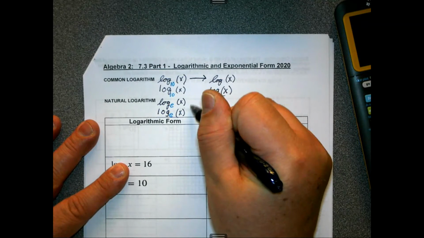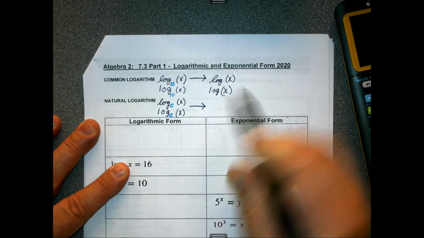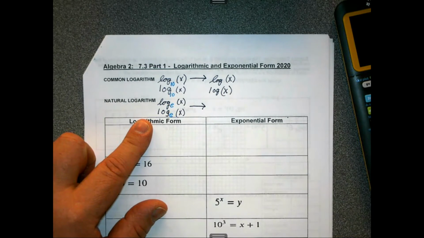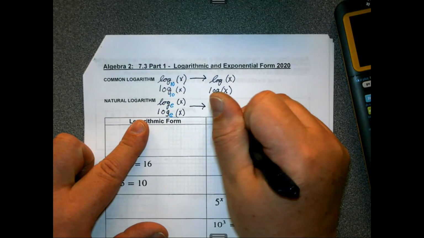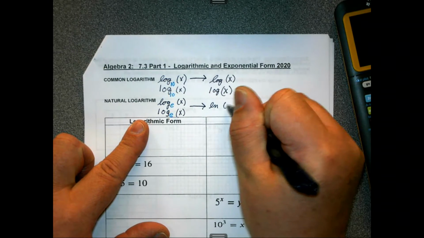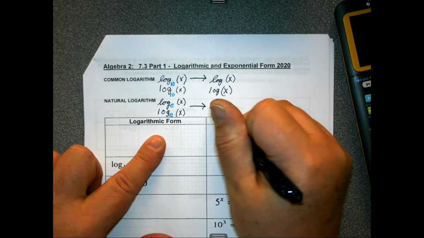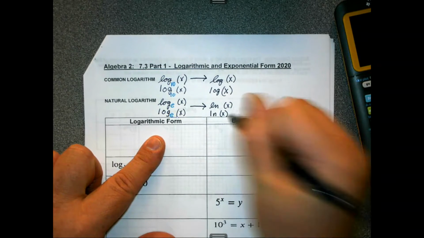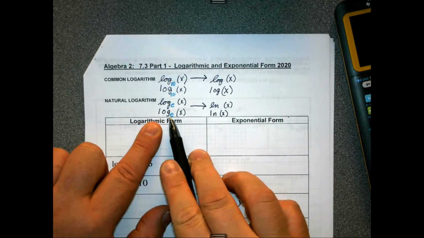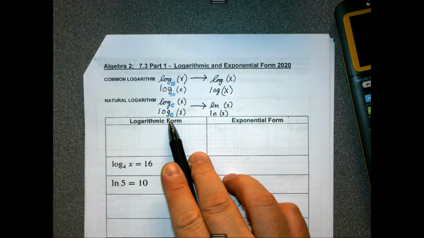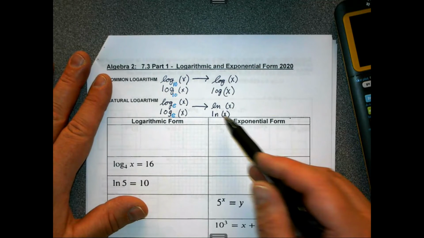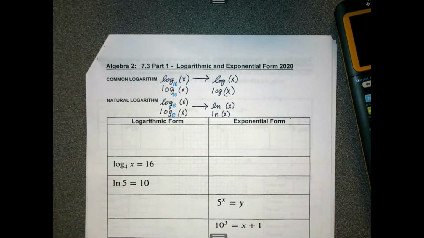Now this time we're not going to use the word log. We're going to use ln. Yeah, ln of x. For natural log, there's a base e there. Again, we just normally don't put it. We'll just say natural log of x.